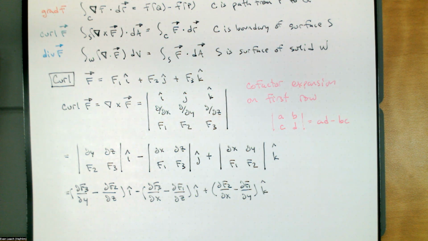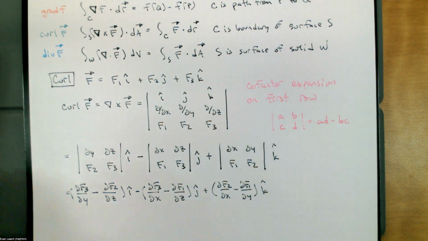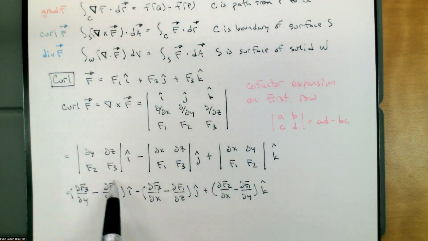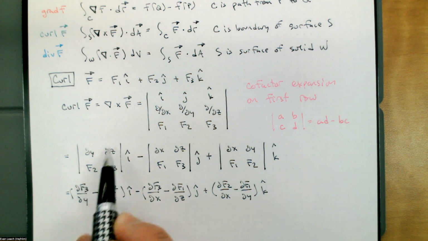So here is how we find the curl of the vector field F. Partial of F3 with respect to y minus the partial of F2 with respect to z.